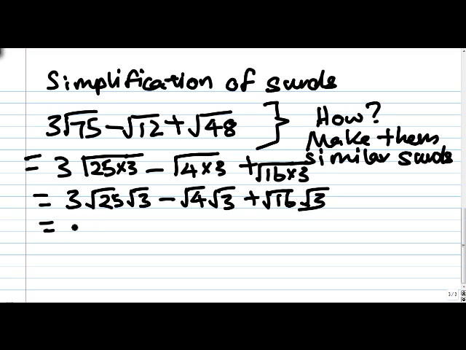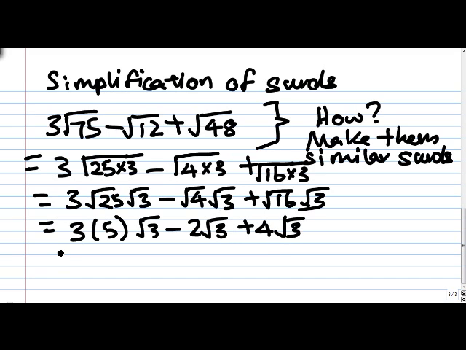Now what's square root 25 in this case? Answer is 5. What's square root 4? Answer is 2. What's square root 16? The answer is 4. So you've simplified it into similar surds.